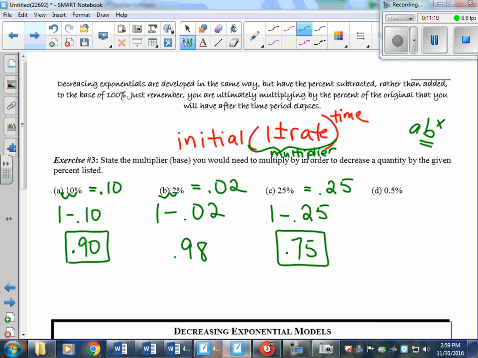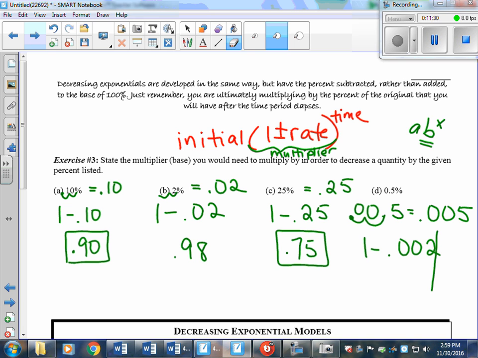And 0.5%, be careful here. I'm going to even write this out. 0.5%, we're going to move that decimal point over 2 places. So this is going to equal 0.005. So 1 minus 0.005, oops, I said 5 and I wrote 2.